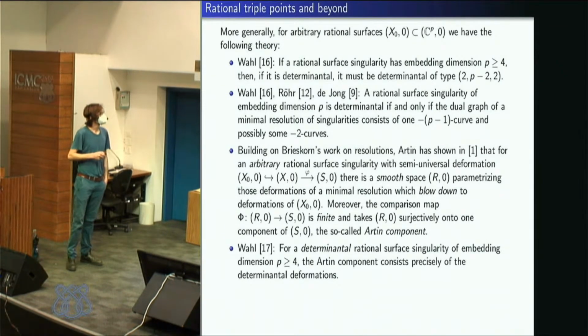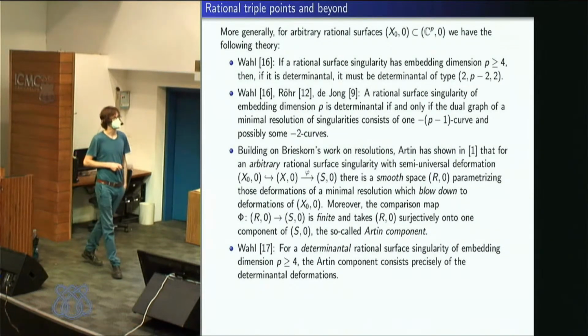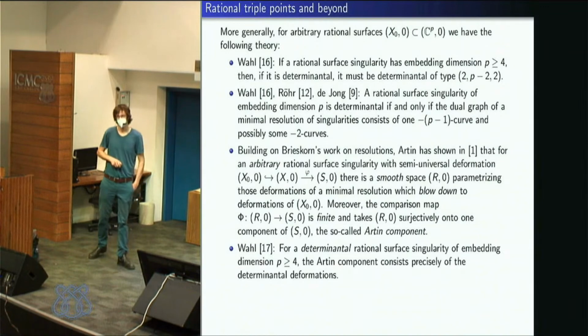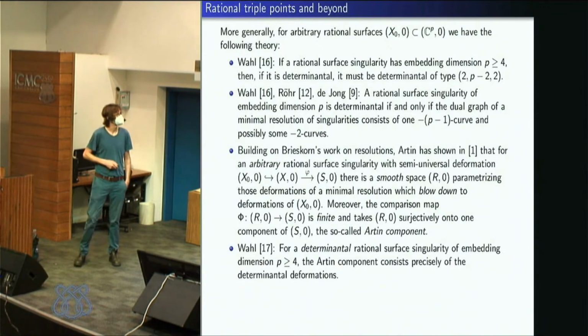And then Wall has shown that for a determinantal rational surface singularity, the Artin component consists precisely of the determinantal deformations, right? So this middle block was about resolutions in family, right? And Wall has shown that if you have a determinantal structure, then it's really the determinantal structures.